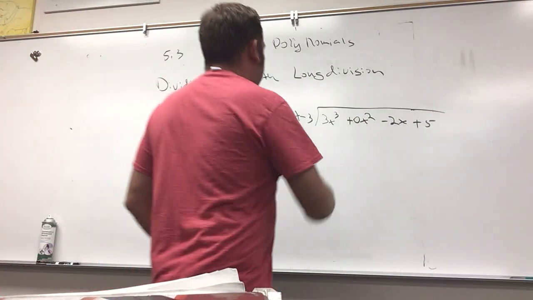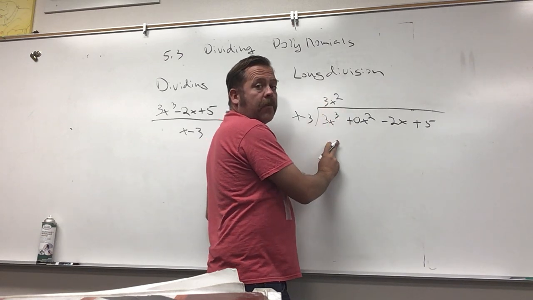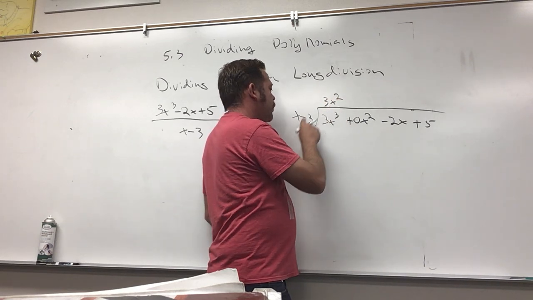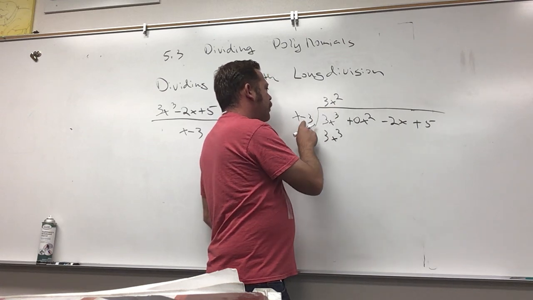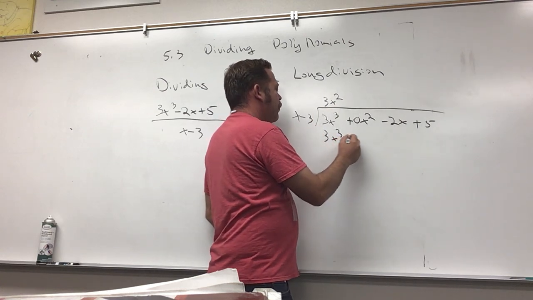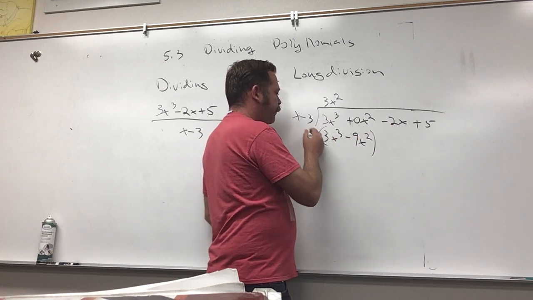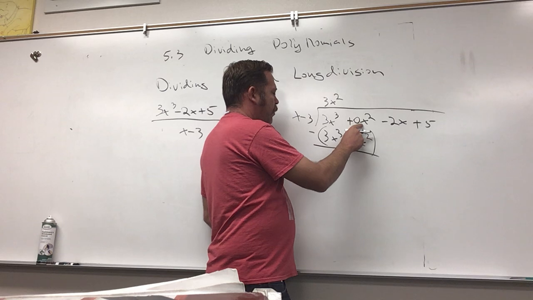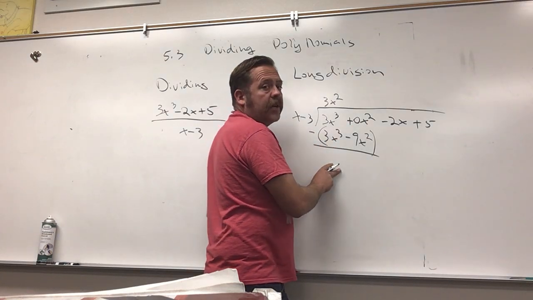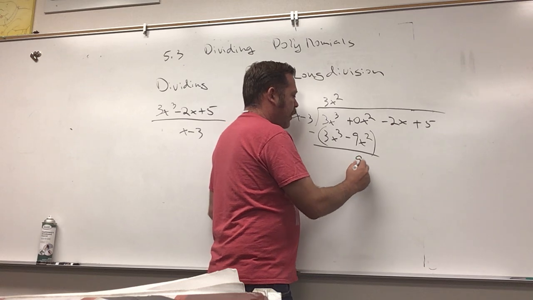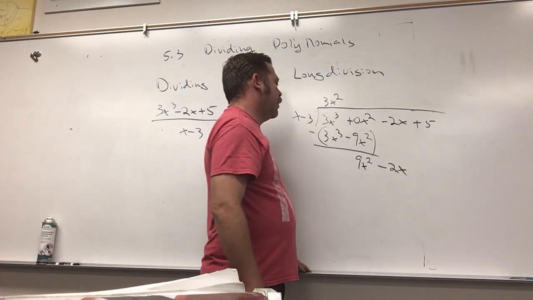Okay, so I'm going to look at this x here, and how many times does x go into 3x cubed? x goes into 3x cubed 3x squared times, and then I multiply. 3x squared times x is 3x cubed. 3x squared times negative 3 is minus 9x squared. 0 minus negative 9x squared, well that's like plus 9x squared, so we would get 9x squared minus 2x.